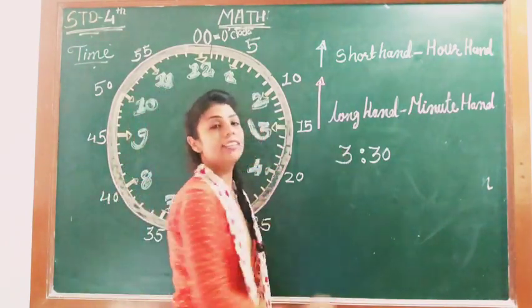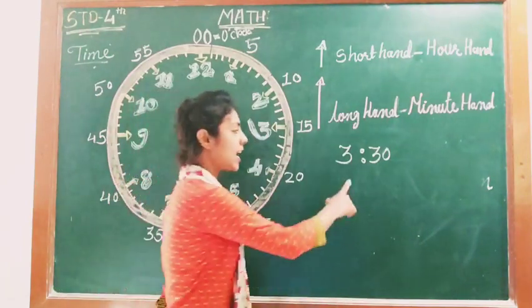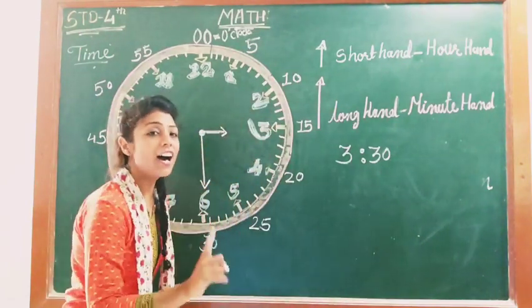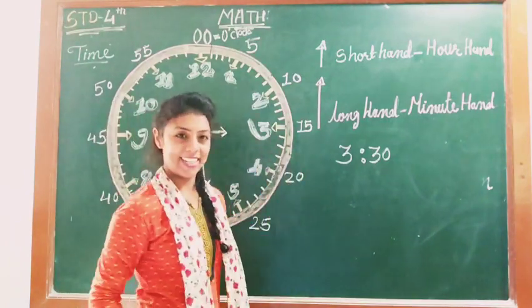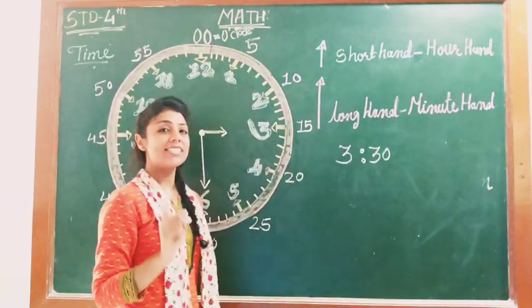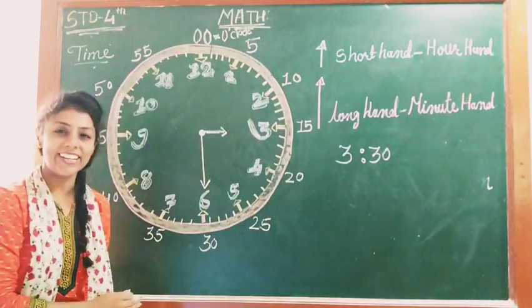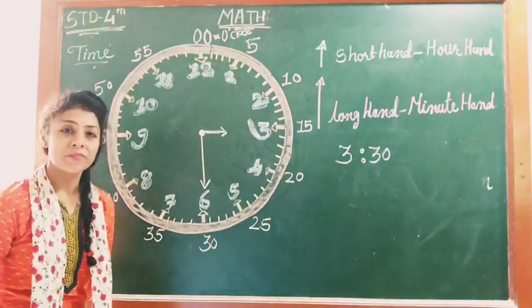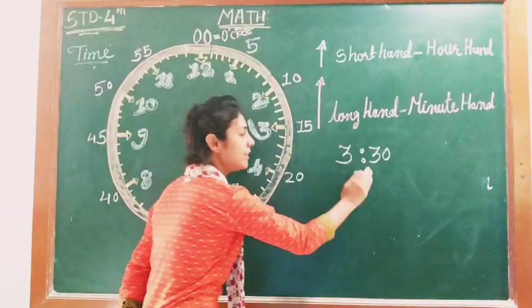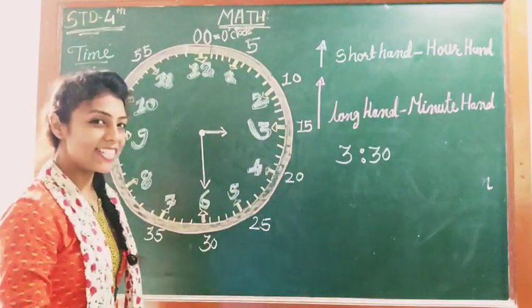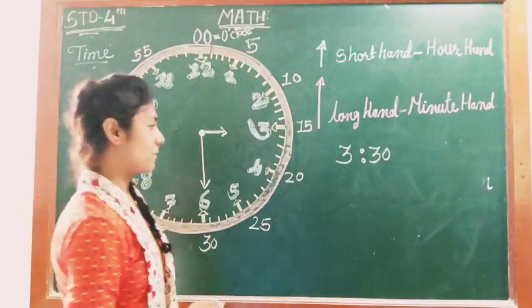Otherwise, half past 3. Half an hour has passed. Half past 3. Otherwise, 30 minutes, 30 past 3. Okay. So there are many ways to read the clock.